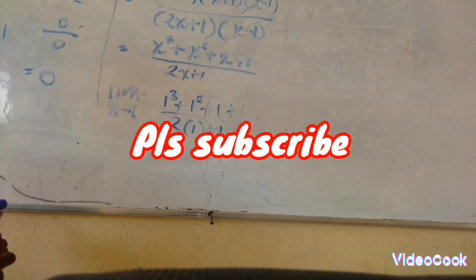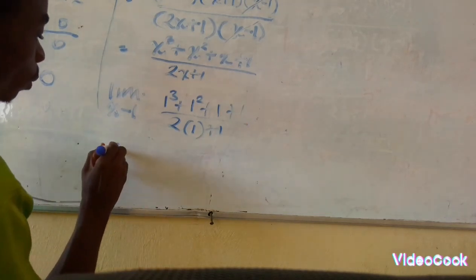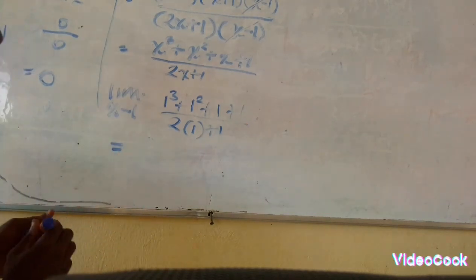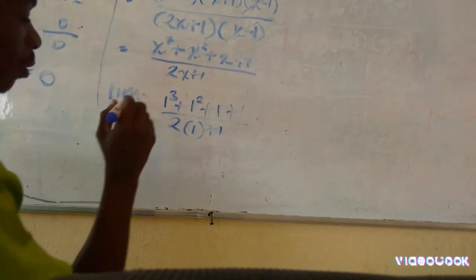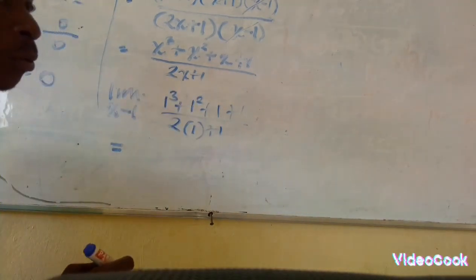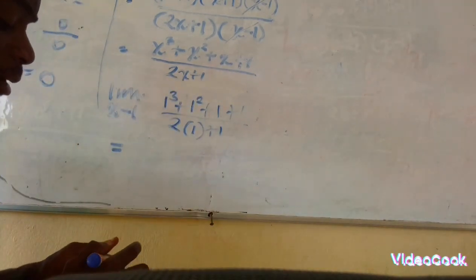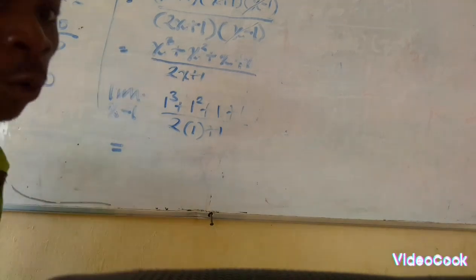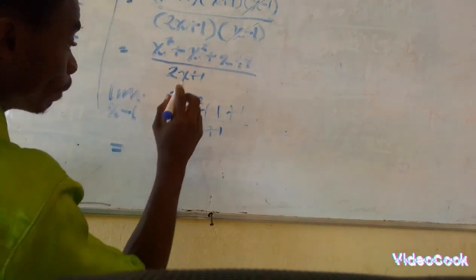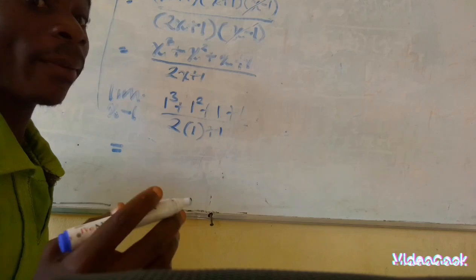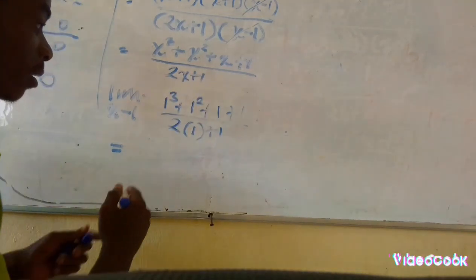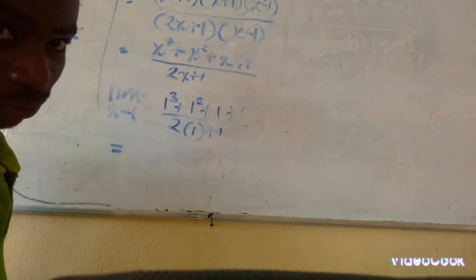So here now is going to be equal to 1 cubed, that means multiplying 1 by itself 3 times, it's going to be 1. If we multiply it by itself 2 times, it's going to be 1.